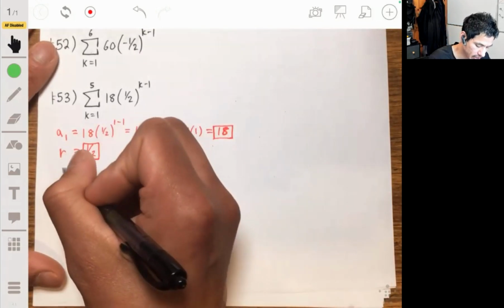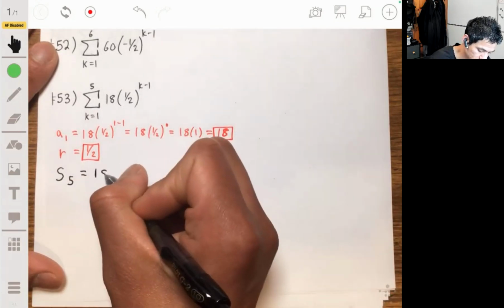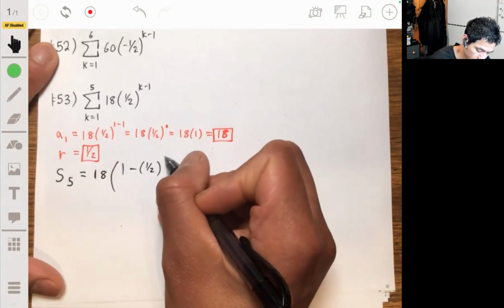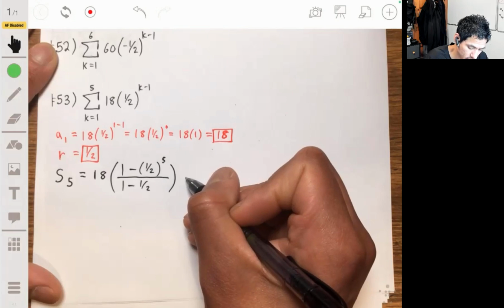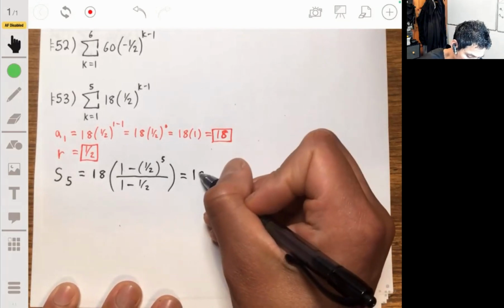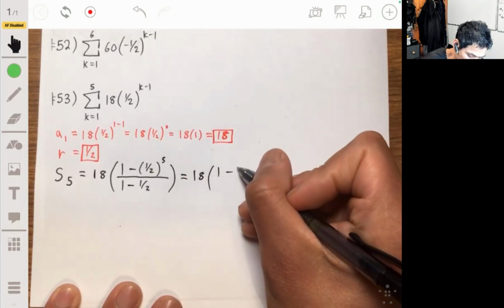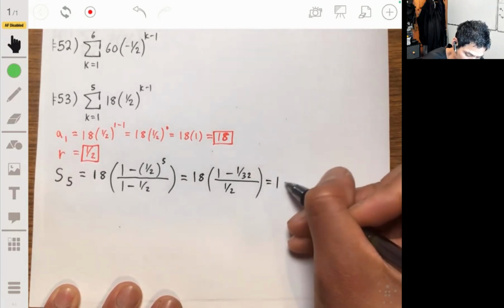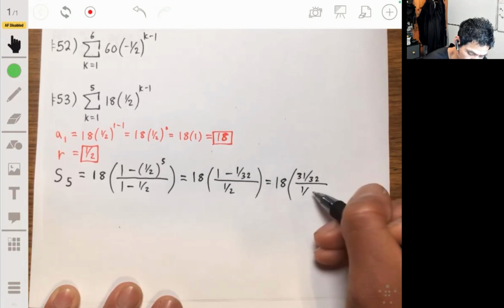And we're trying to find S5. So S5 will be A1, which is 18, times 1 minus 1/2 to the 5th over 1 minus 1/2, which is then 18 times 1 minus 1 over 2, 4, 8, 16, 32, so 1 over 32, over 1/2, which is 18 times 31 over 32 over 1/2.